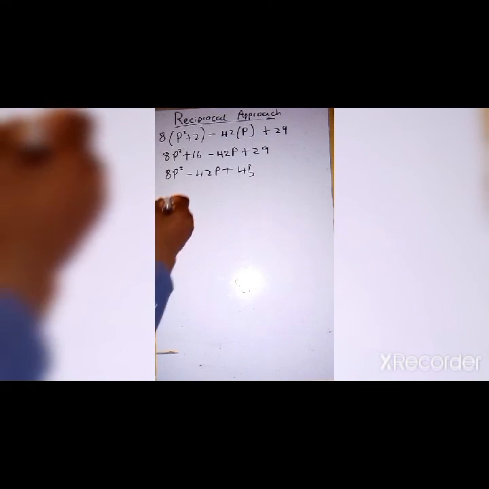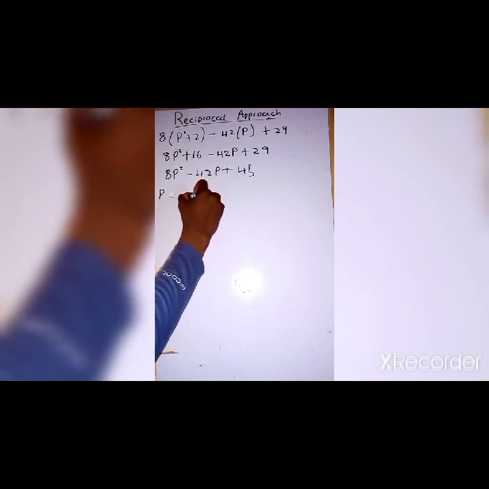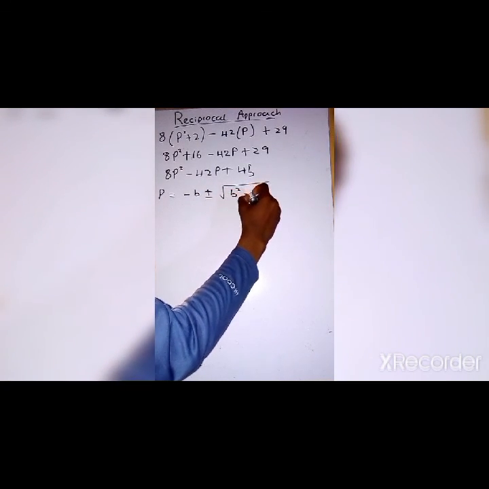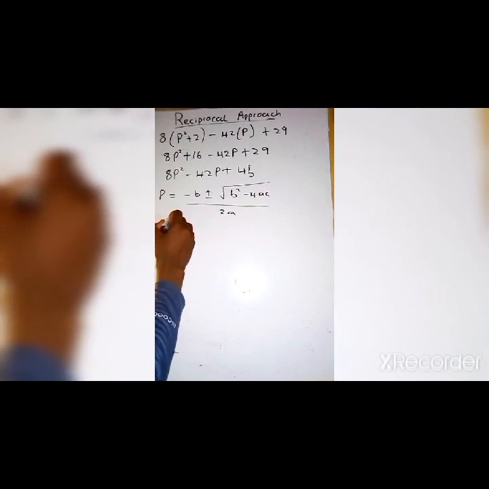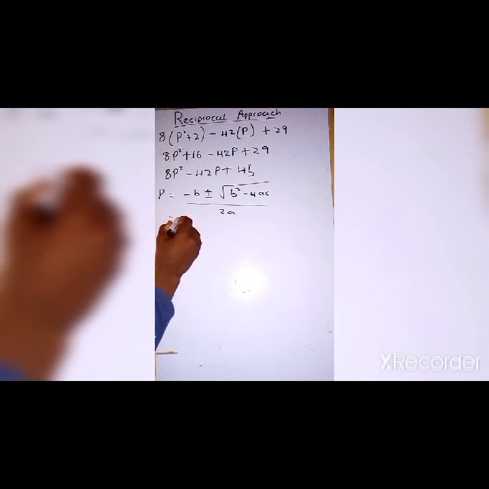So how do we solve it? Let's use our formula. We have p equals minus b plus or minus square root of b squared minus 4ac over 2a. So my b is minus 42.